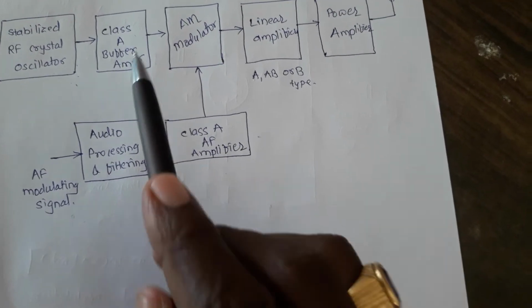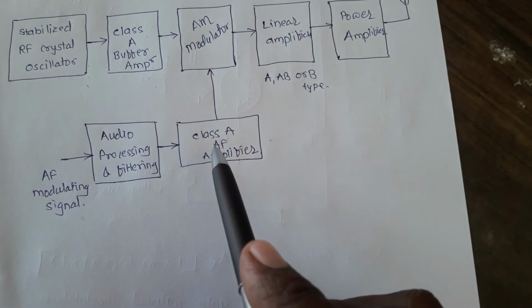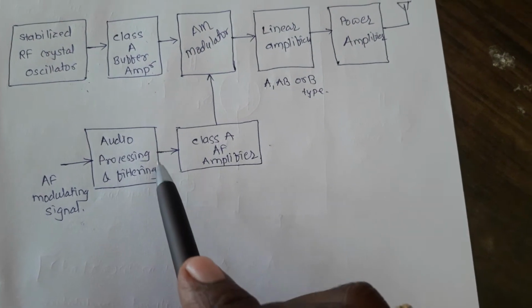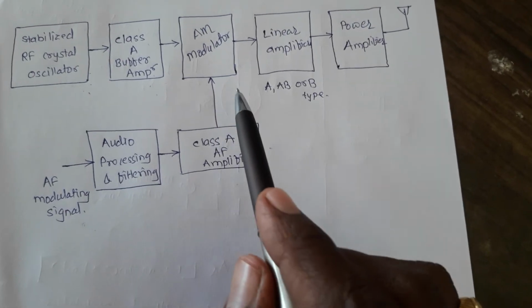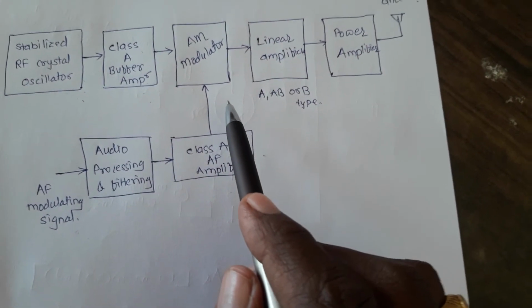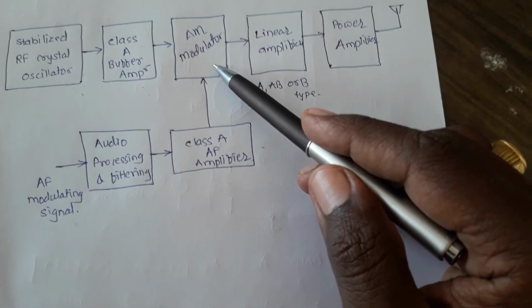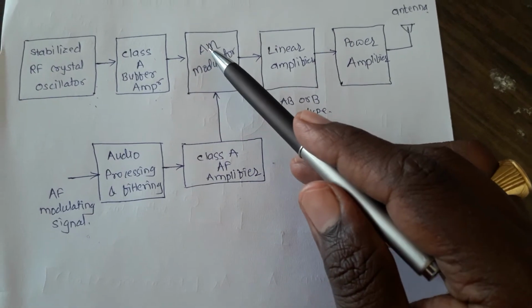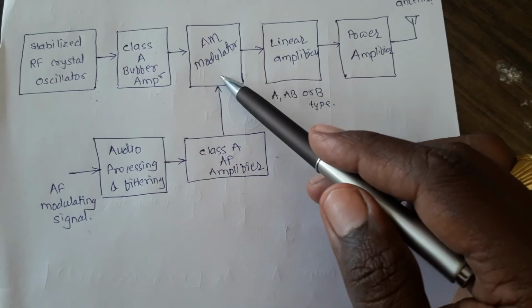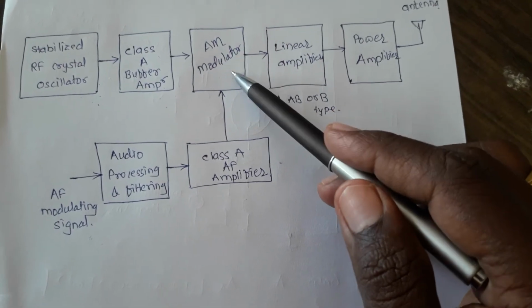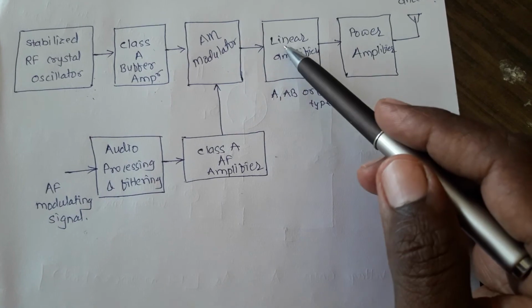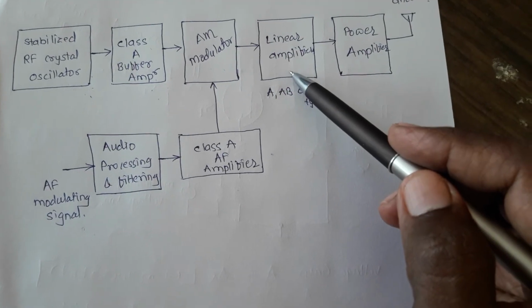The same thing we have done here, we are doing here also. We amplify the audio frequencies to a certain low voltage level, and that amplified signal is then given to the AM modulator. In the AM modulator block, the amplitude modulation takes place, and this amplitude modulated signal is then given to the linear amplifier.